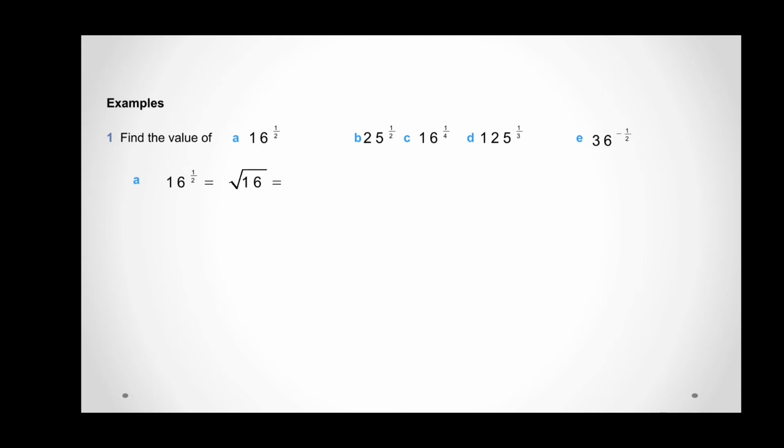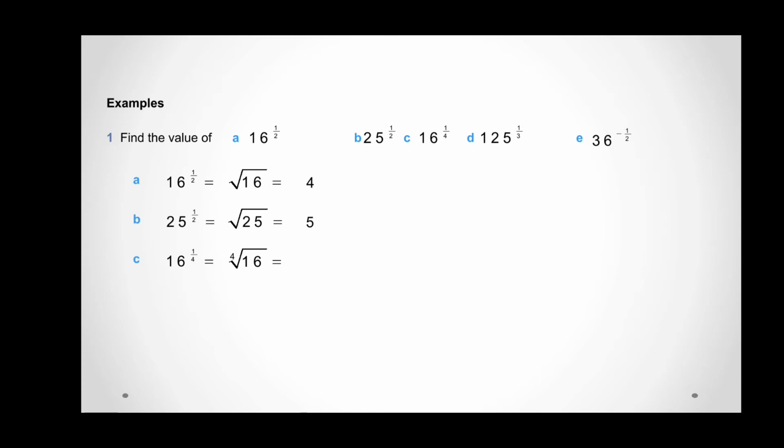16 to the power half means square root of 16, so we know that it is 4. And 25 to the half means square root of 25, we know that it's equal to 5. Then 16 to the power 1 over 4 means 4th root of 16.